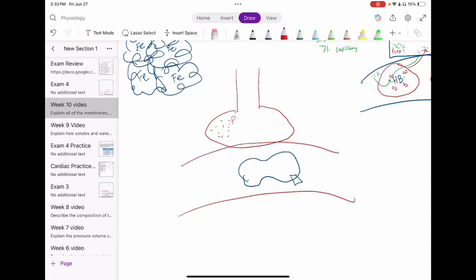So this is the partial pressure, PaCO2. It exists in 40. The pressure in the venous return is 45. So this flows from a high to a low back into the alveoli.